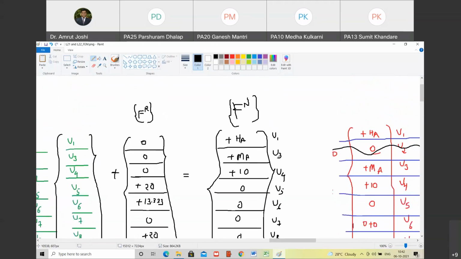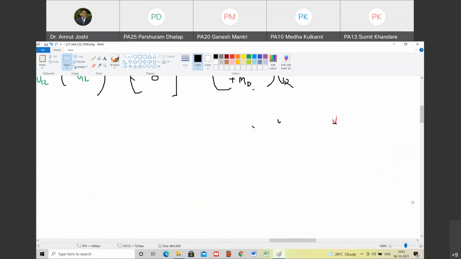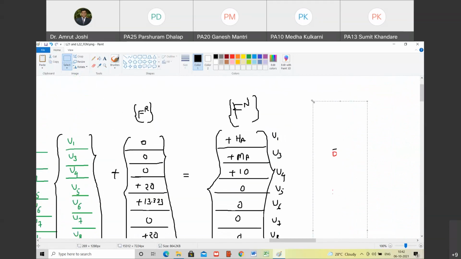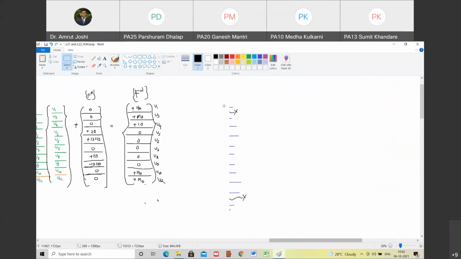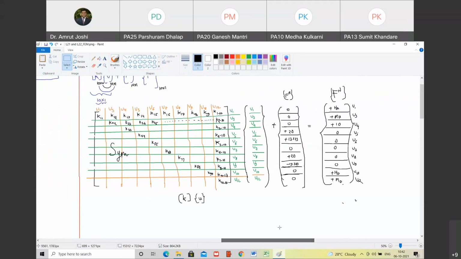Happy? Yes, sir. So this is how the equation of equilibrium looks like. This is how the equation of equilibrium looks like. Happy? Are you with me? Yes, sir.